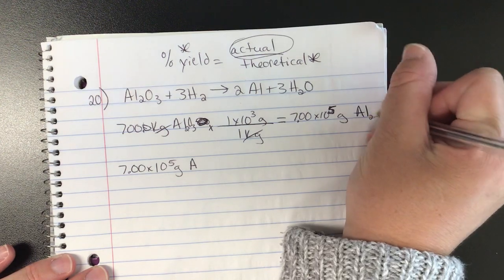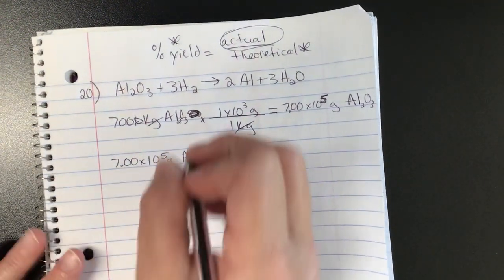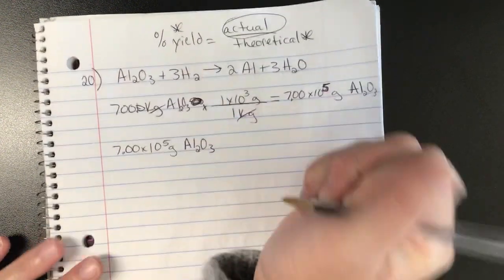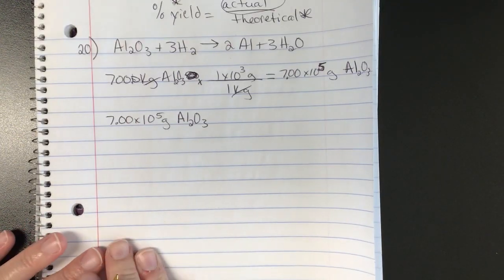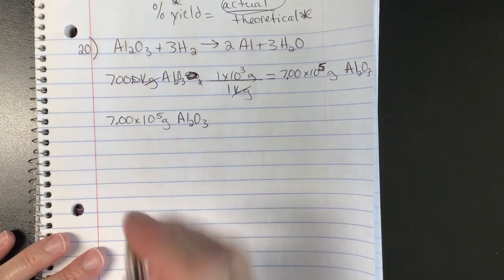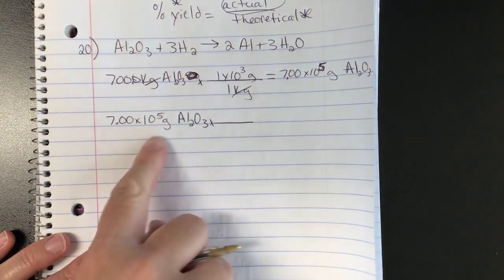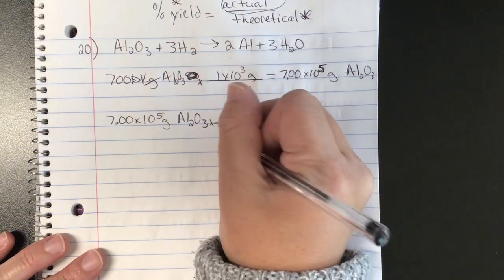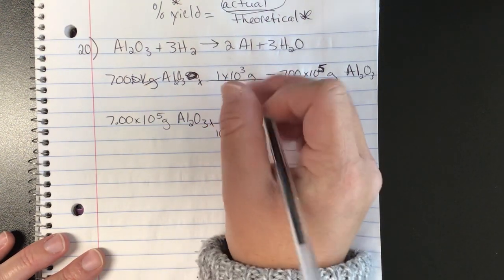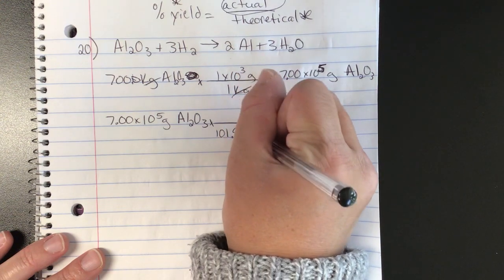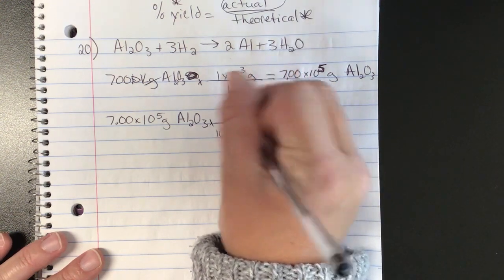Okay, so we have our grams of aluminum oxide. We're going to figure out how much aluminum is produced. So we're going to do a mole-to-mole ratio. Before we can do that, we've got to change to moles. So aluminum oxide is 101.96 grams per 1 mole.